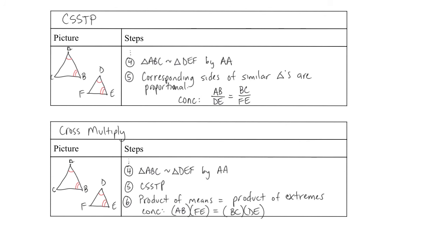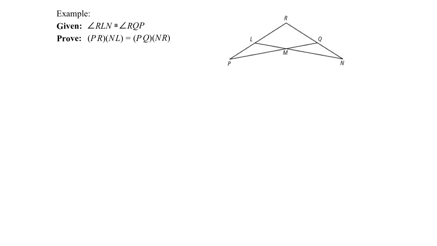All right, let's try. In the interest of time, I'm going to give you the hardest kind of proof first because that covers all the easier levels. So here we've got angle RLN, that's this angle right here, congruent to RQP. It's this angle right here. So in my plan, I've got some given angles.